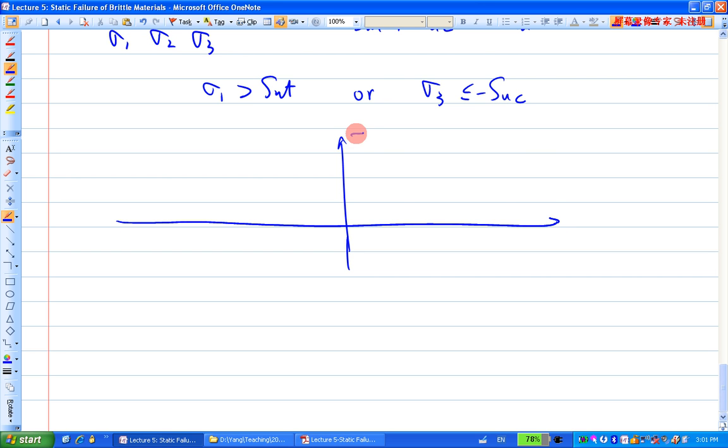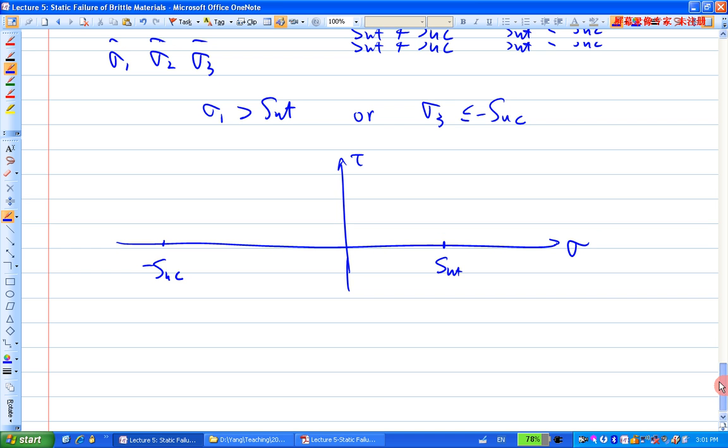When I use the Mohr circle, if this is tau and this is sigma, we have 2 critical values: one is SUT, and the other is negative SUC. If you recall, our premise is always that we deal with plane stress, but we look at it in a 3D case.